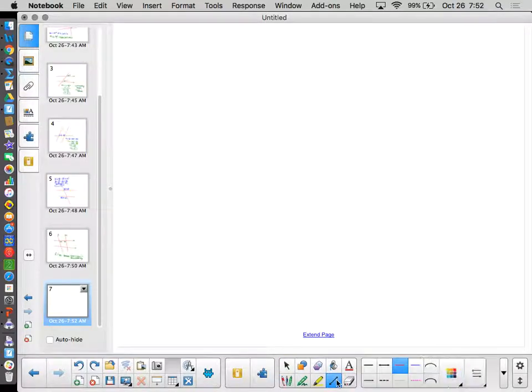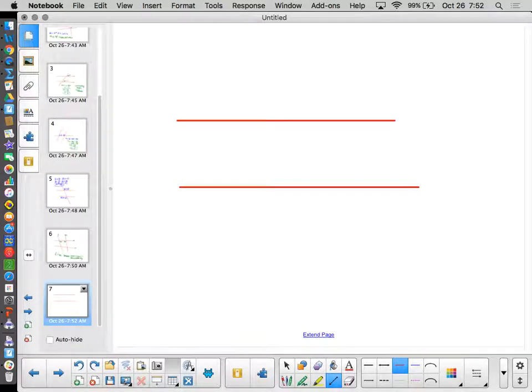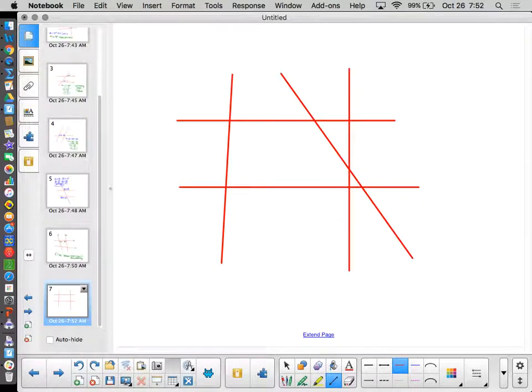Next one's a little more interesting. Picture's definitely more complex. And we got this line coming through like that. Yeesh. All right, let me grab this for a second.